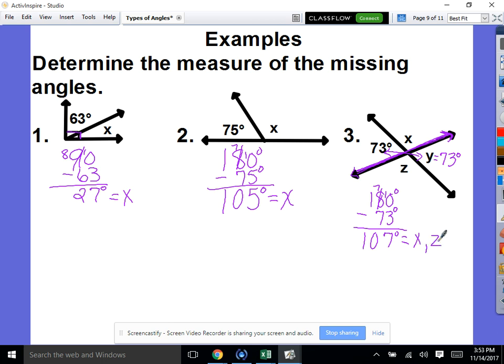So x equals 107. It's also equal to z, because they're vertical angles, so angle z equals 107 degrees.